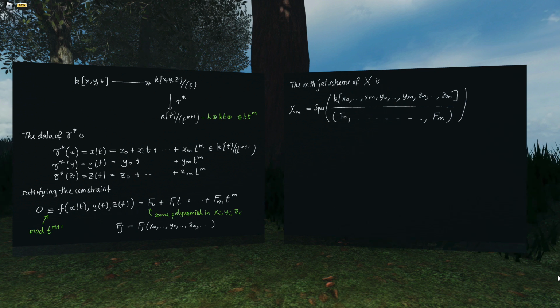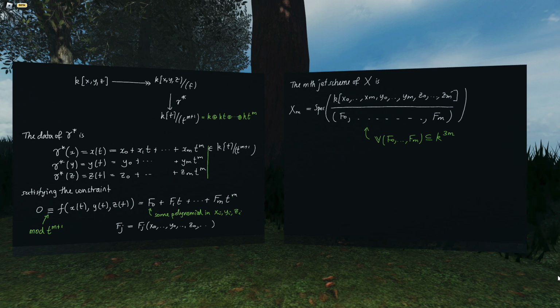Why? Well, that space exactly parameterizes gamma stars, right? To take a point, so what is a point of this space? Well, it's to take a point in k to the 3m, that is assignments of scalars to these symbols xi, yi, and zi. That is the data of these three objects, subject to a constraint.